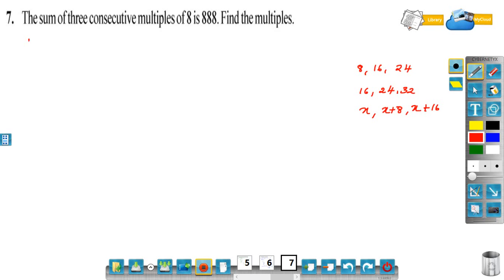So let the three consecutive multiples of 8 be x. If one multiple is x, then next multiple will be 8 more than x, then next multiple will be 16 more than x.